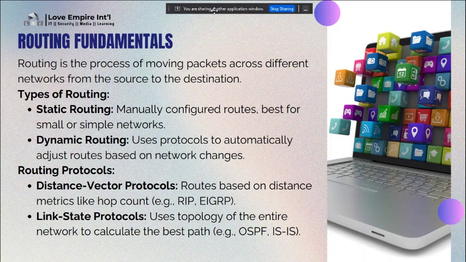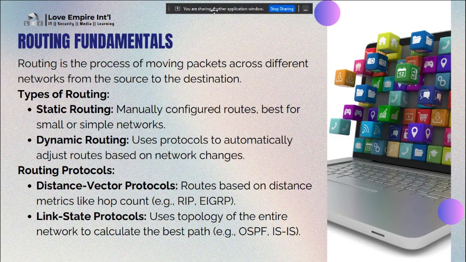And we have types of routing. We have static routing. This is where you manually configure the route, best for small or simple networks. So you configure the route that the packet will take manually.